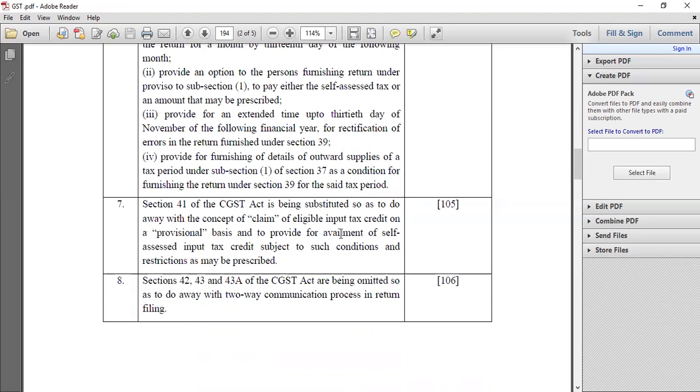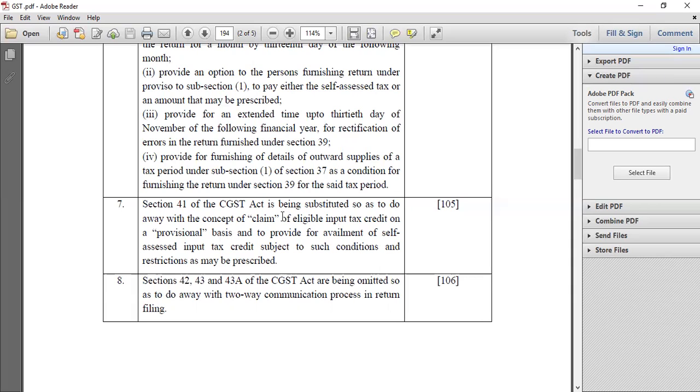If the final amount is lesser than the provisional credit, then the corresponding amount has to be reversed by the taxpayer.